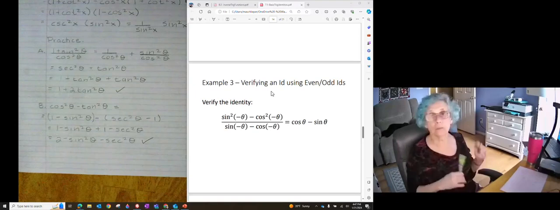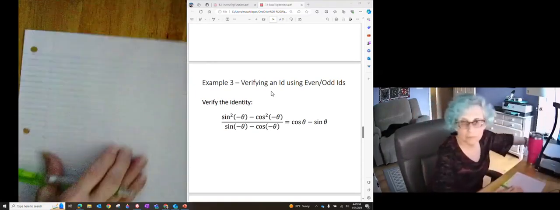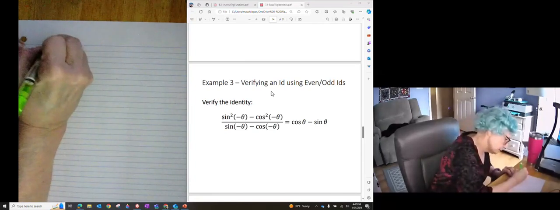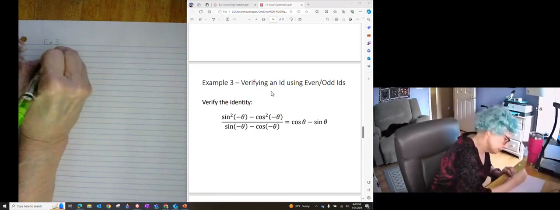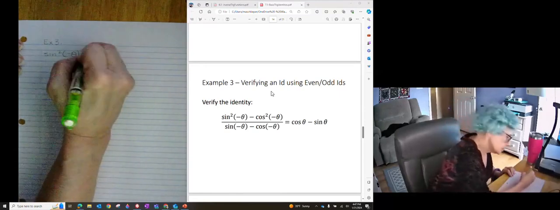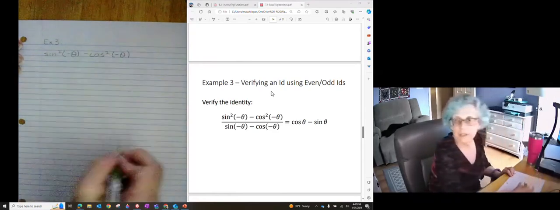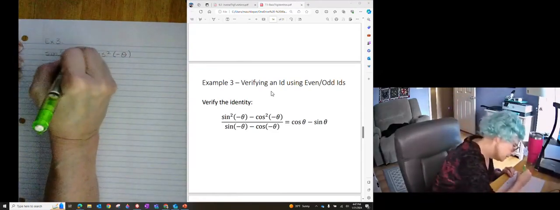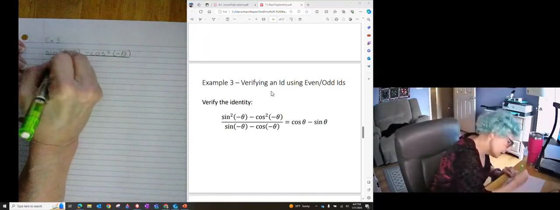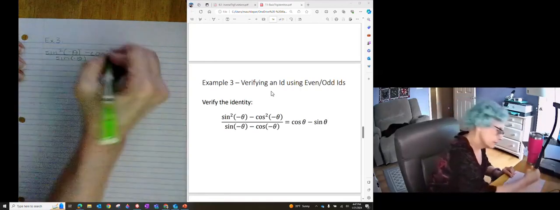Okay, let's try one using even and odd identities. We have sine squared of negative theta minus cosine squared of negative theta, living on top of sine of negative theta minus cosine of negative theta.